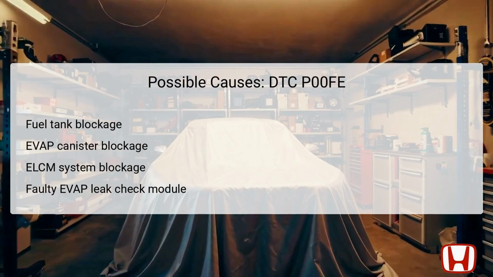Thirdly, the ELCM system, which is responsible for checking vent flow, could also be faulty due to restrictions or damage to its components. Lastly, if the EVAP leak check module, a critical component in detecting leakages in the EVAP system, has failed, it might signal the DTC. Diagnosing these components carefully is crucial to pinpointing the exact source of the blockage.